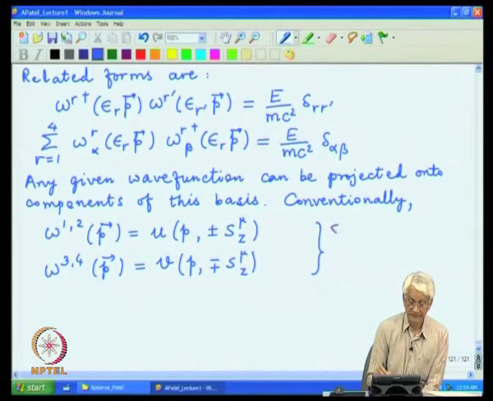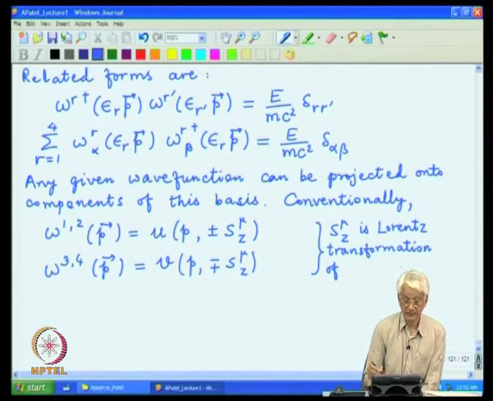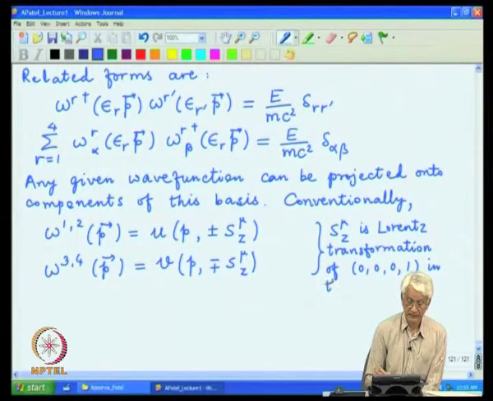Here the definition of whatever is S mu z is nothing but the Lorentz transformation of the 4 vector in the rest frame, which denotes the positive spin, and that is the vector we have chosen as z component equal to +1 in the rest frame.